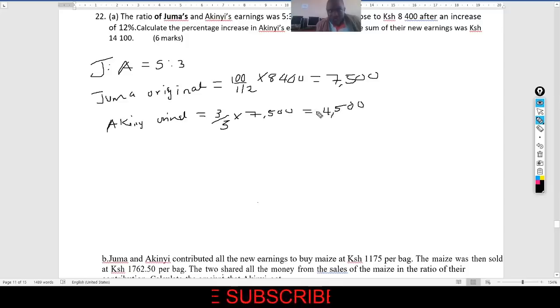Those were the original earnings. Now we need to know Akinyi's new earning, because we are told about Juma's new earning as this.